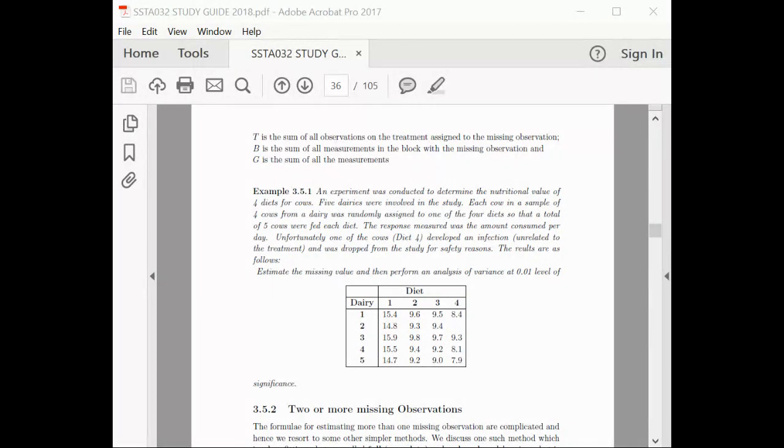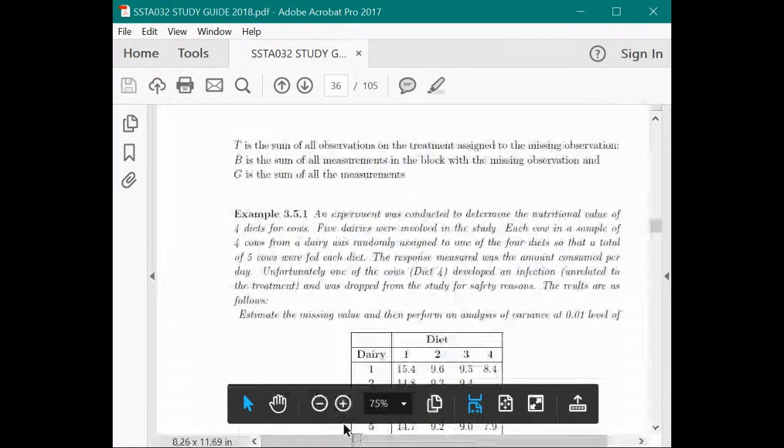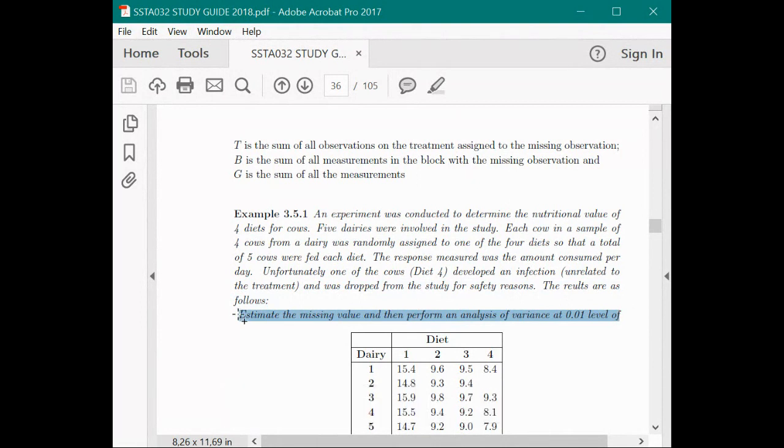What is happening? Let's check out this question, guys. You are given this problem. The only question that is given is to what? To analyze the data. You are asked to estimate the missing observation, isn't it? From there, you analyze the data and draw conclusions.